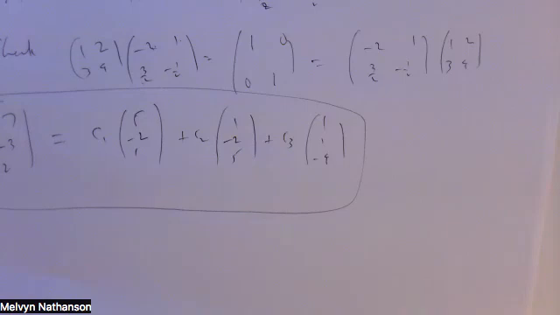Just finding two solutions is enough. I want to emphasize that if the vectors are not linearly independent, so those 3 vectors are not linearly independent, then you no longer have a unique representation as a linear combination of those vectors.